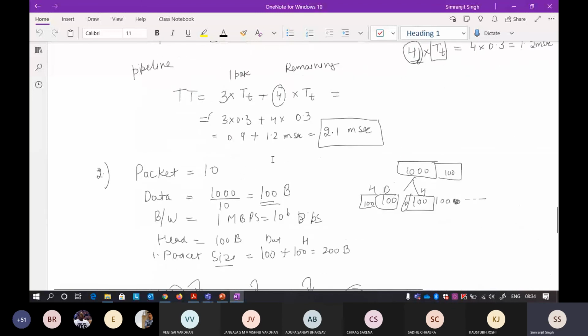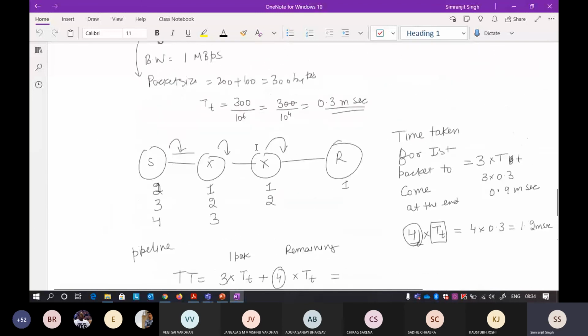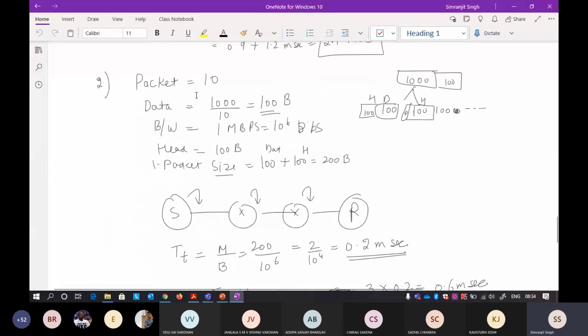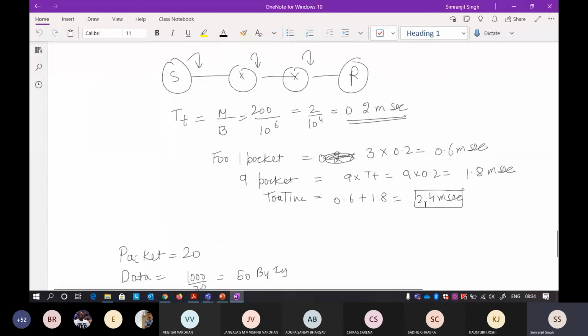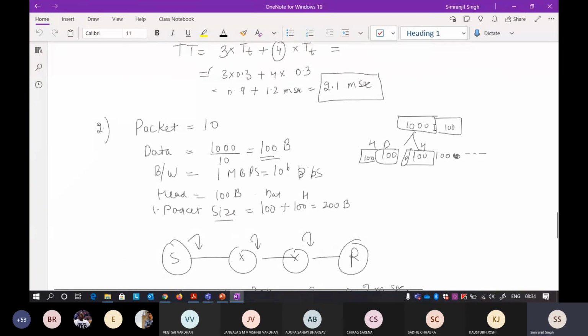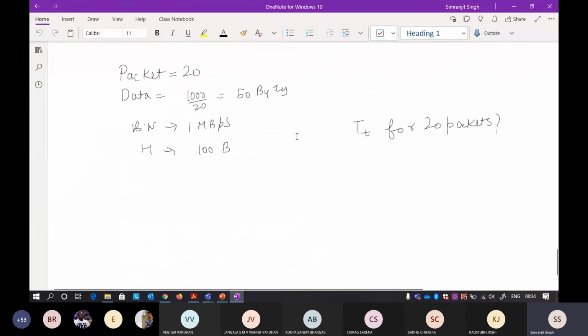If I increase the number of packets, where we were using 5 packets and now increase to 10, we come to a time of 2.4 milliseconds. So the time here is increased. Now if I increase the packets to 20, what will exactly be the time?